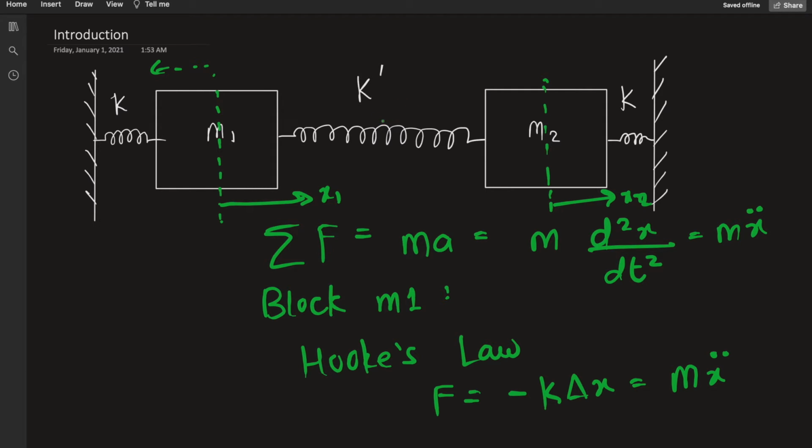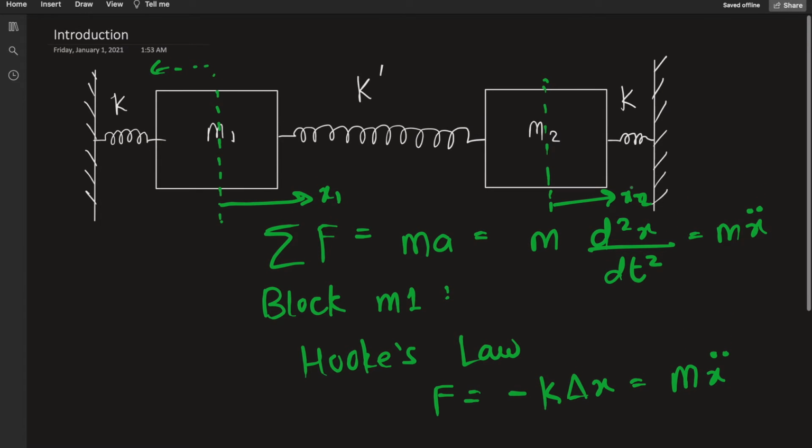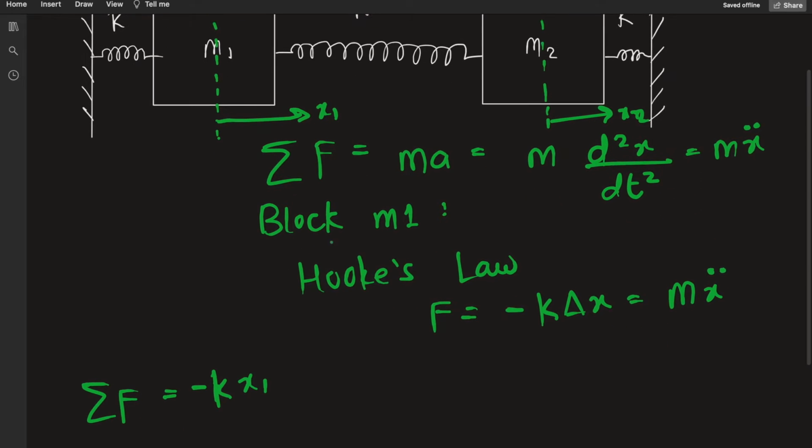So therefore there will be zero restoring force from the middle spring. But if x1 is greater than x2, there's going to be a compression. So the spring will basically again push to the left like we had with the first spring.